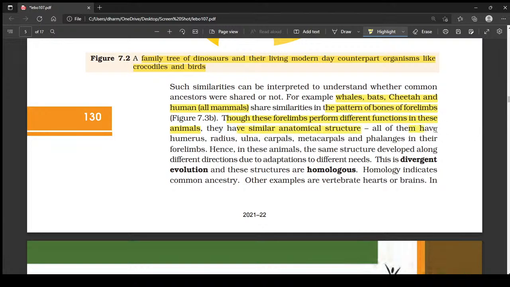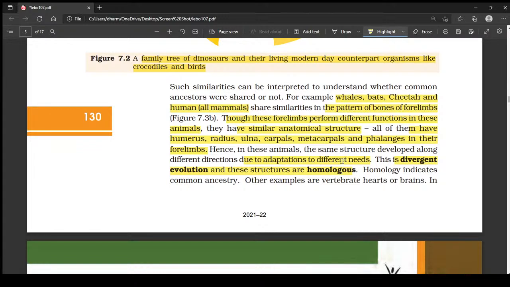All of them have humerus, ulna, radius, carpals, metacarpals, and phalanges in their forelimbs. Hence, in these animals, the same structure developed along different directions due to adaptation to different needs. This is known as divergent evolution, and these structures are known as homologous.